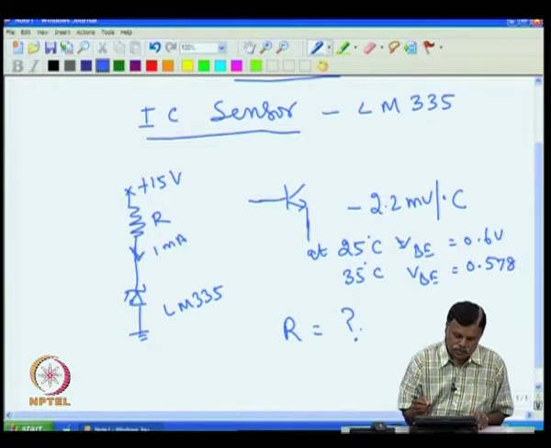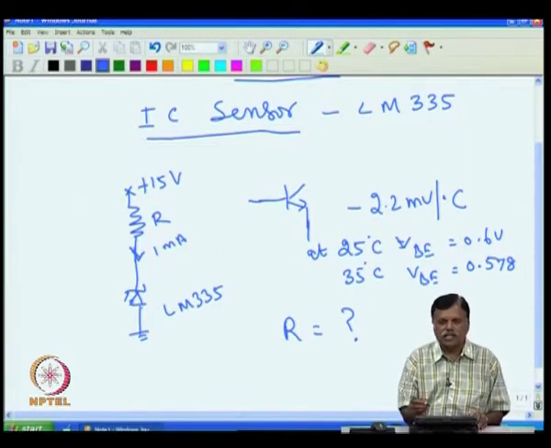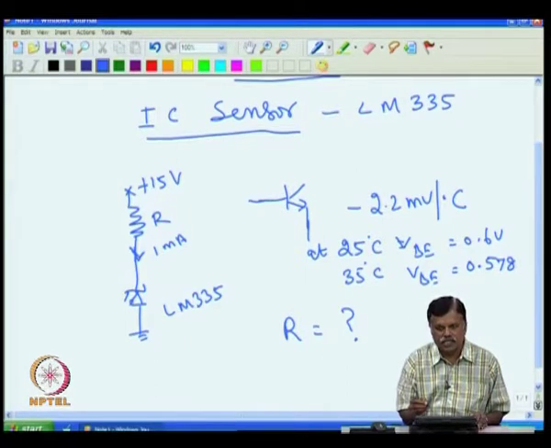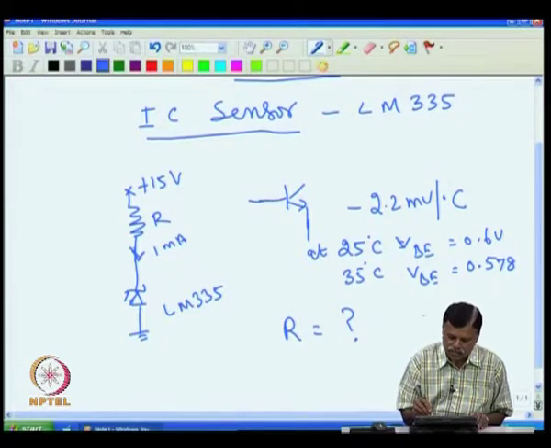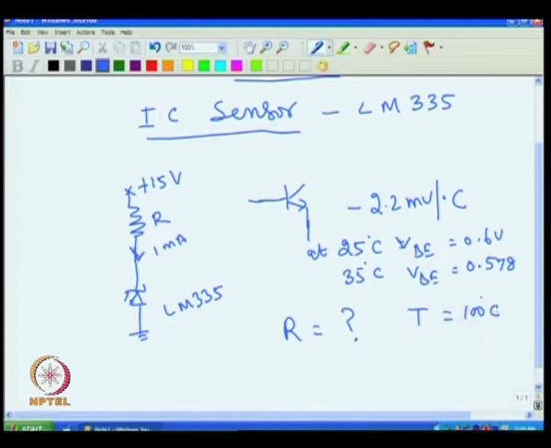Now, this sensor can be used actually up to 125 degree C. Even so, for our application, let us assume we want up to 100 degree C. So, the temperature range is up to 100 degree C. Assume for our design we have to display a temperature of 100 degree C. Now, at 100 degree C, what is the voltage at this point?